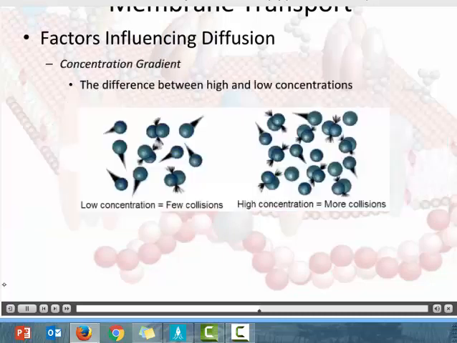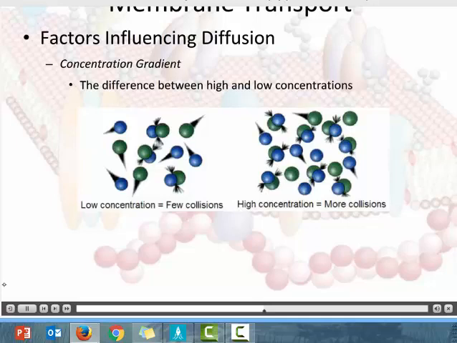Next, we have gradient size, the difference between concentrations across the membrane. If one side of the membrane has a very, very high concentration, there is going to be a lot of pressure for that solute to move down its concentration gradient to the other side that has a very low concentration.